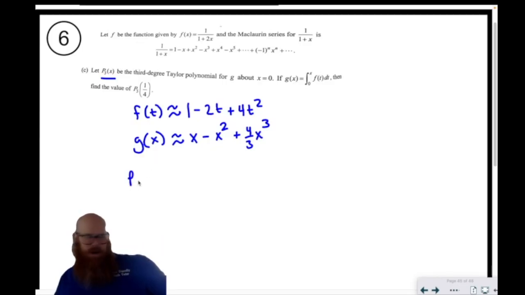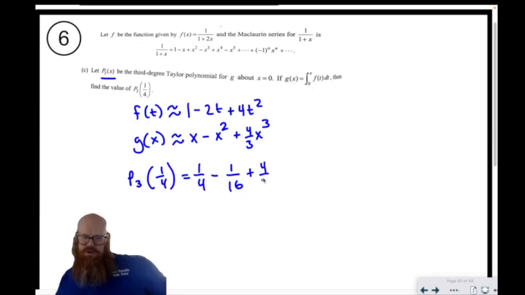And then if I want to find the third degree polynomial evaluated at 1/4, that is simply plugging in 1/4 to this. So that's 1/4 minus 1/4 squared, which is 1/16, plus 4/3 times 1/4 cubed, so that's 1/64. And then I could cancel this to get 16, so then I get 48.